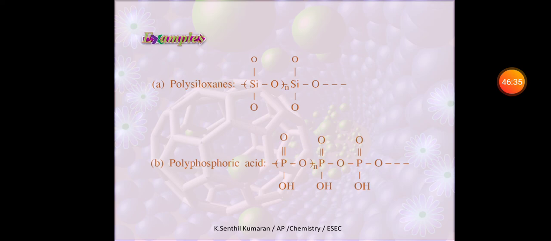It is called inorganic polymers: polysiloxanes and polyphosphoric acids. Okay, these are all the various types of natural polymers and synthetic polymers. Okay, thank you.